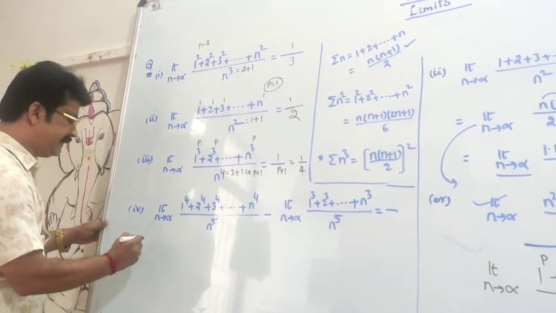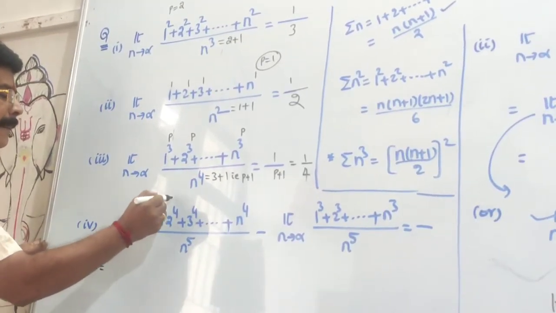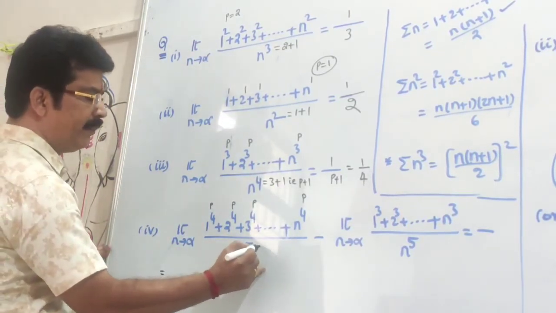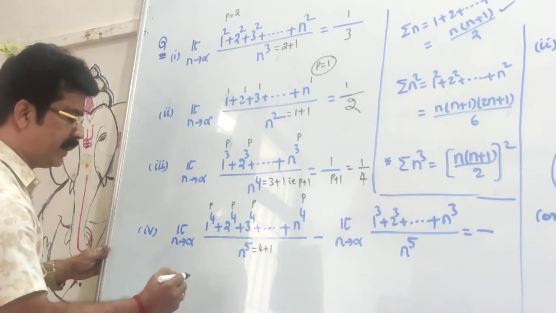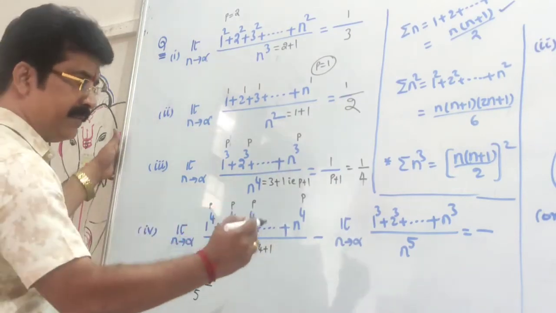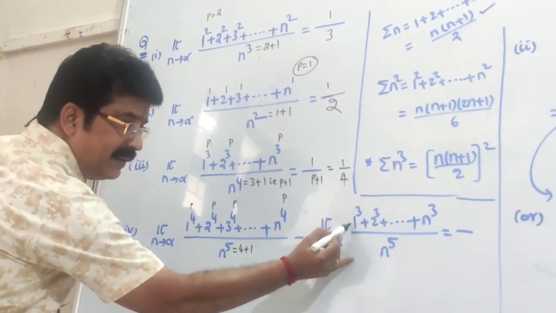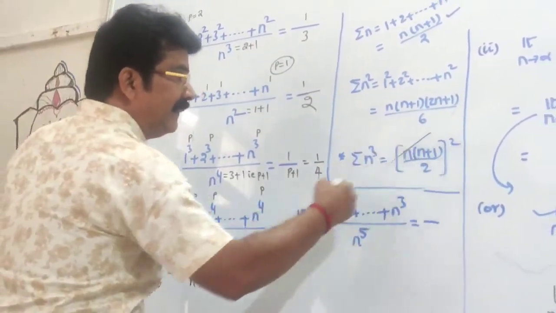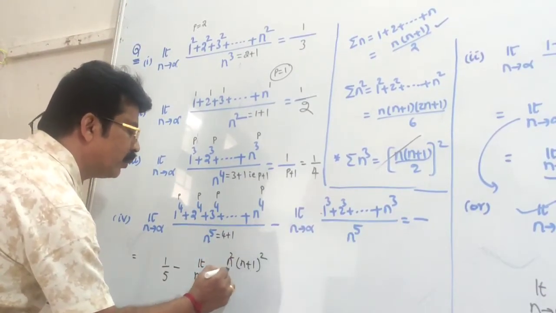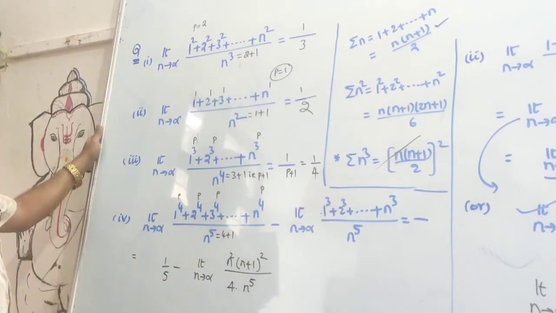You come here. That is equal to limit of 1 power p plus 2 power p, 3 power p, n power p divided by n power p plus 1. So its value is 1 by 5 minus, you come here, limit n tends to infinity, second expression. It is what? n into this one means n square into n plus 1 whole square divided by 4 into this n to the power of 5.